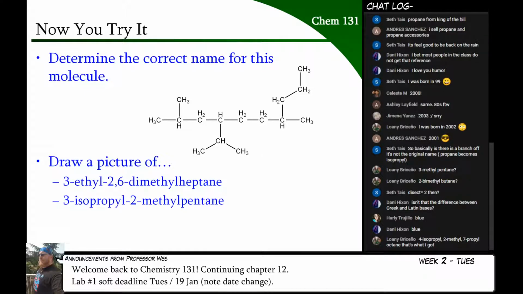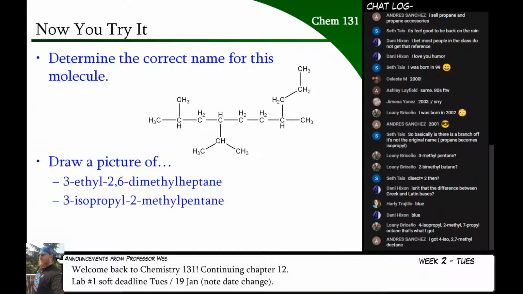That's close, but there's an issue. See if you can find it. It has to do with the end. Have I tricked you? Is it really an octane?